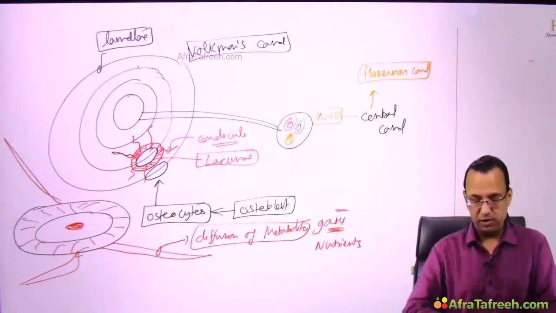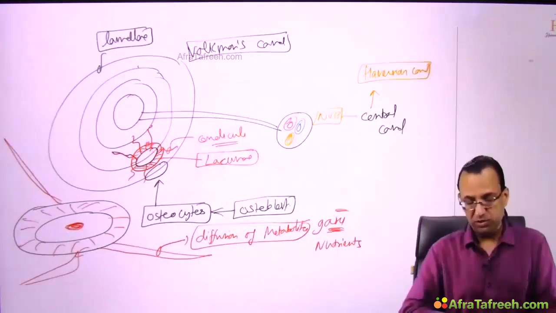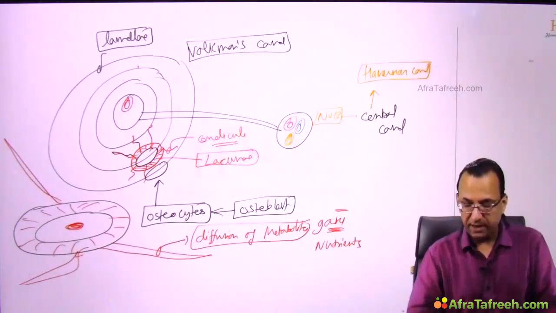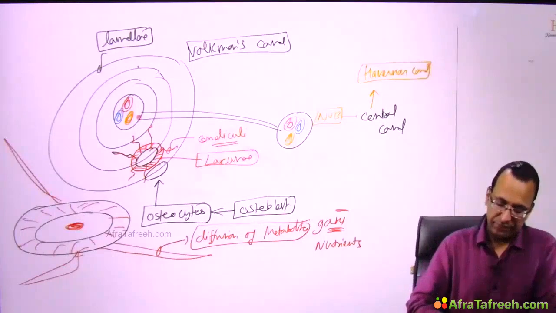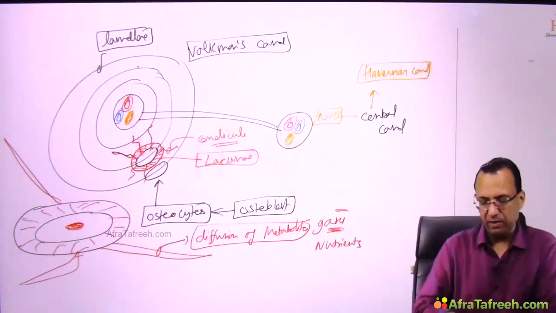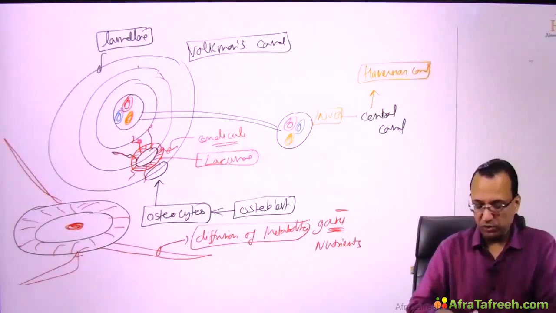Where is it going? Where should it go? Towards the blood vessels which are there. This is the artery, and that was a vein, and then there was a nerve. So you are telling that if you want to receive oxygen, then you need the canaliculi there. Yeah, that's the point. And what about the osteoclast?